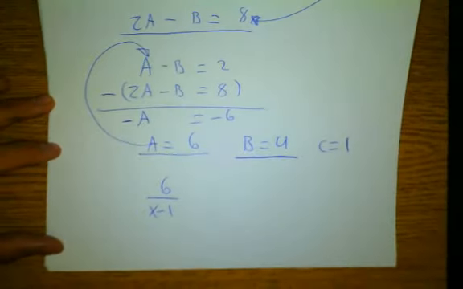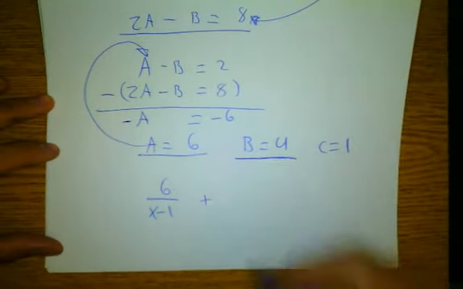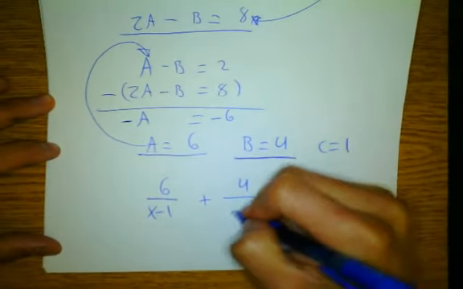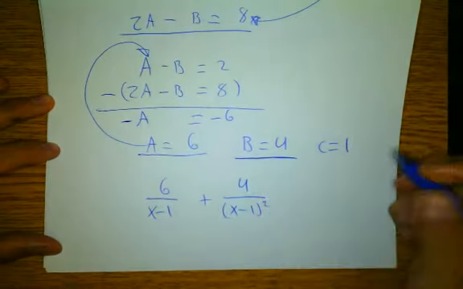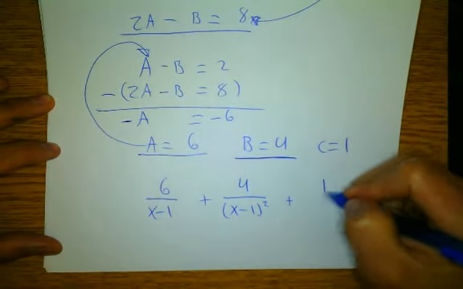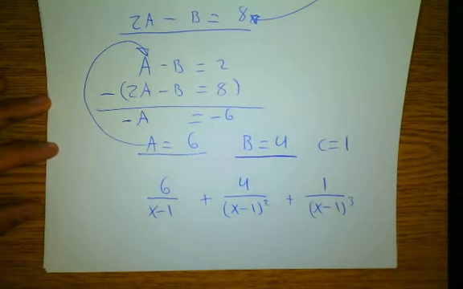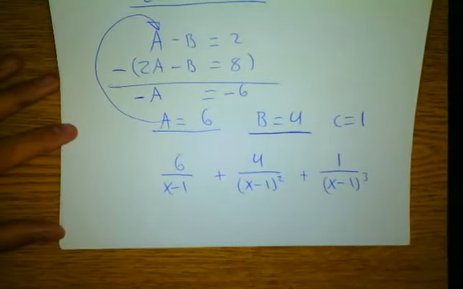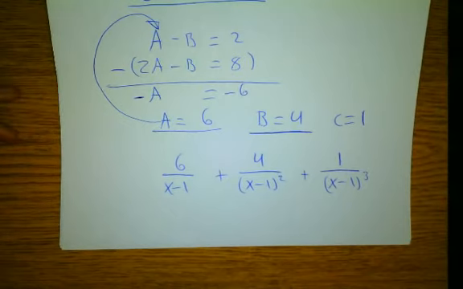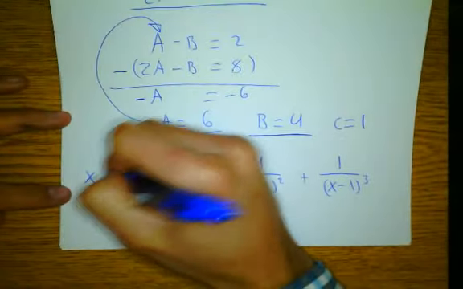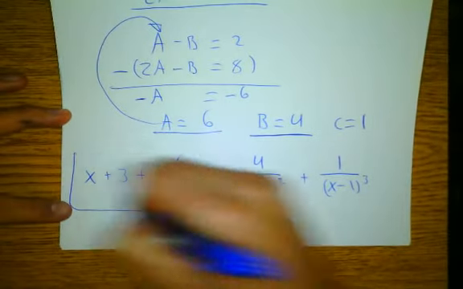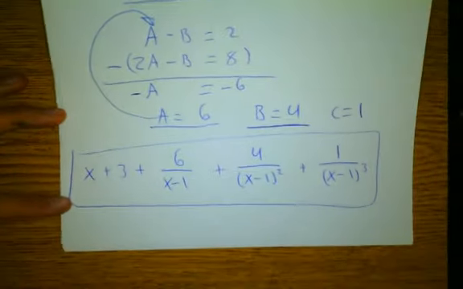Is that it? Do not forget, remember I put a star? What am I forgetting? What else do I need? X plus 3, plus all these fractions, will be the partial fraction decomposition of this problem. We good? Congratulations, you have finished partial fraction decomposition. Yes, ma'am.